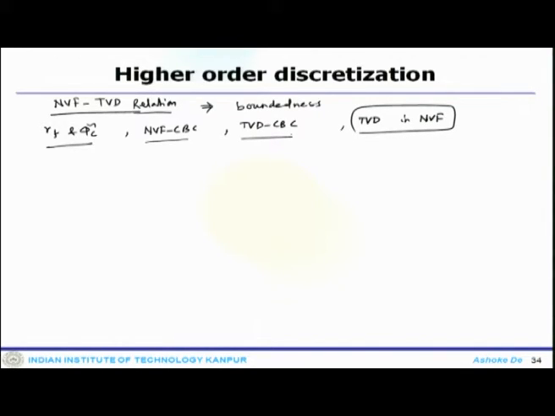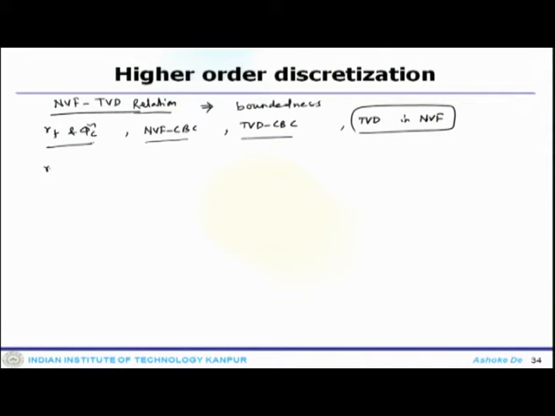Now, how do we proceed about that? To proceed, first we need to find out the relationship between Rf and phi c tilde.